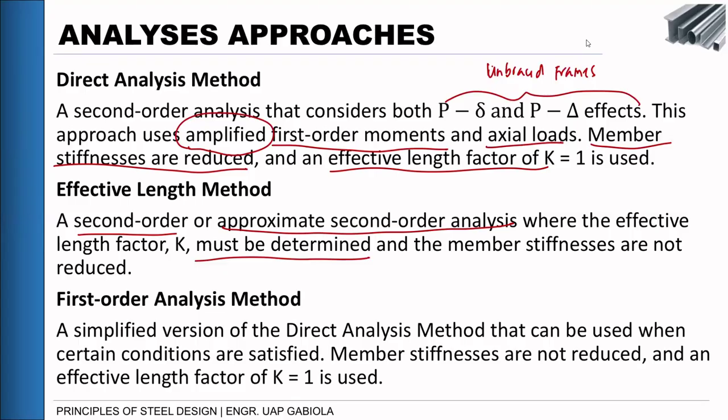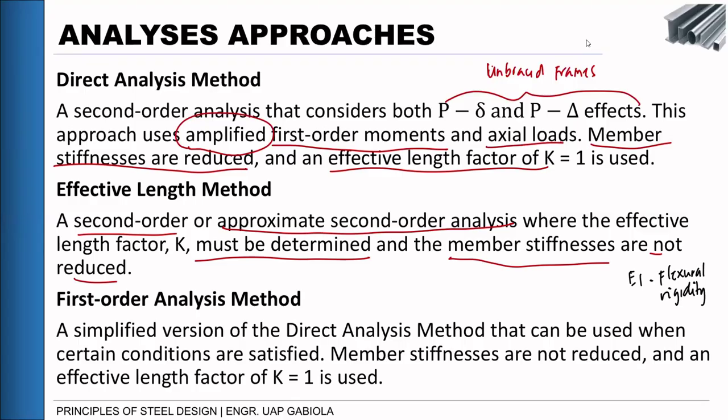And then if we are also using effective length method, we see here that the member stiffnesses are not reduced. So, ibig sabihin yung kanyang flexural rigidity, so tinatawag nating EI, hindi natin binabawasan yung capacity niya. So, as is na buong-buo yung value niya.